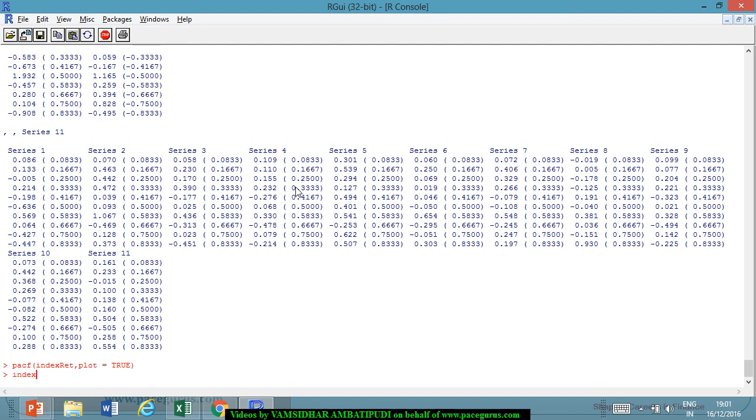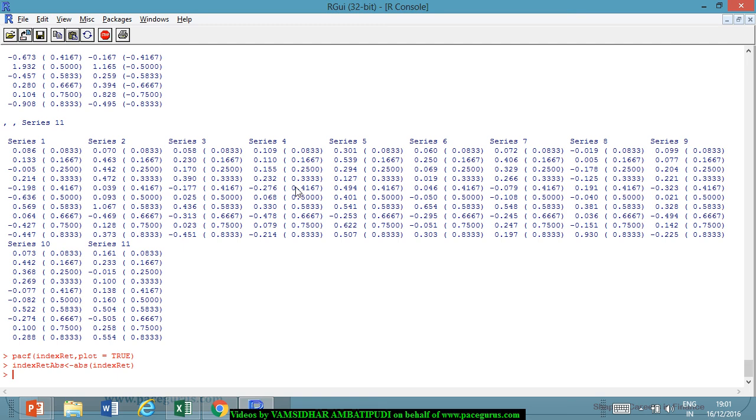So I can say index ret absolute, wherein I am simply taking the absolute of the index returns, right? This I should have done with only one single security. That would have simplified the overall understanding.